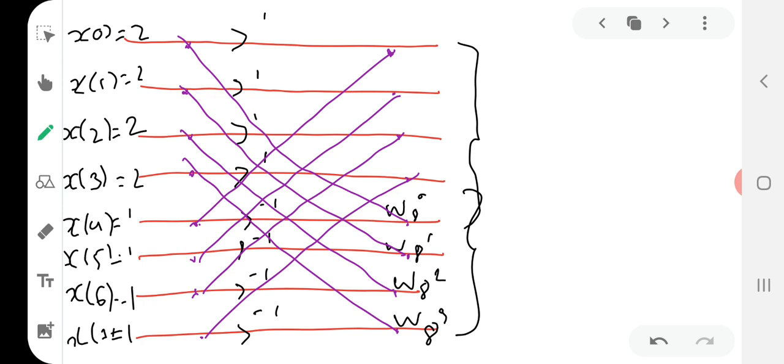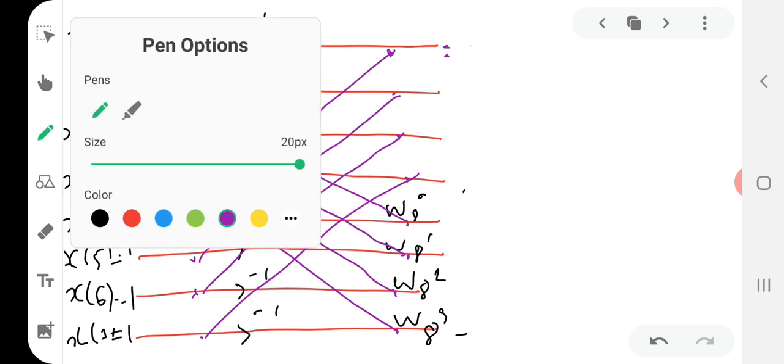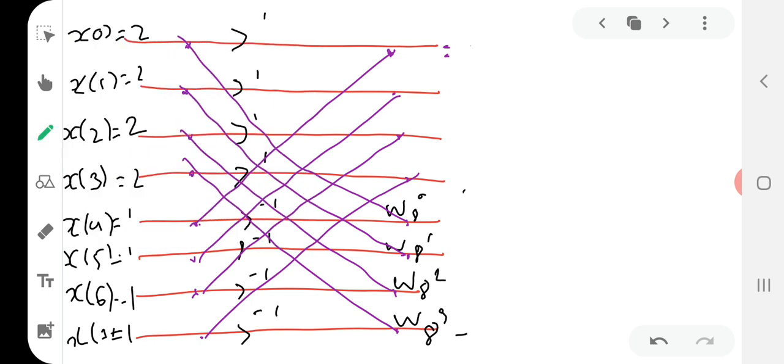Now we have to find the values. For finding the values, see the magnitude: 2 into 1 plus 1 is equal to 3.